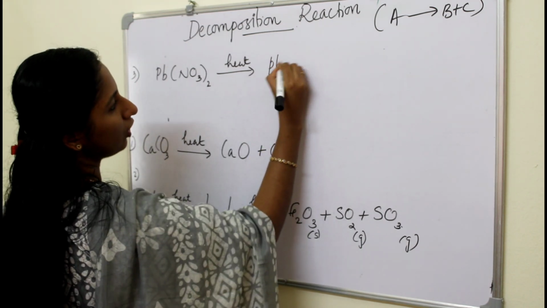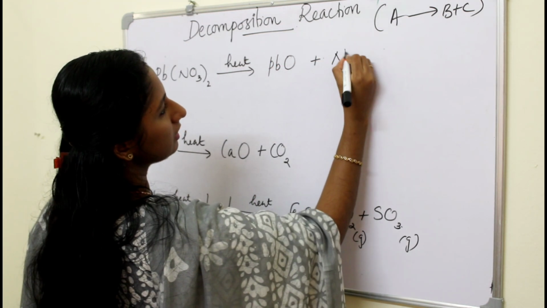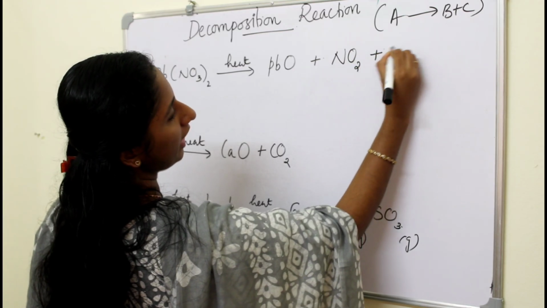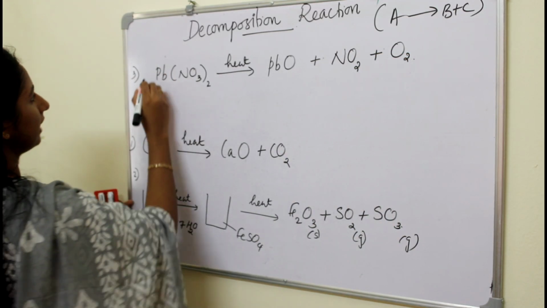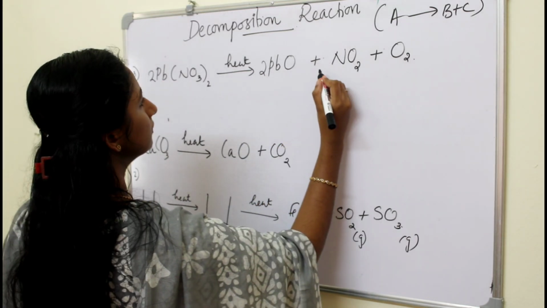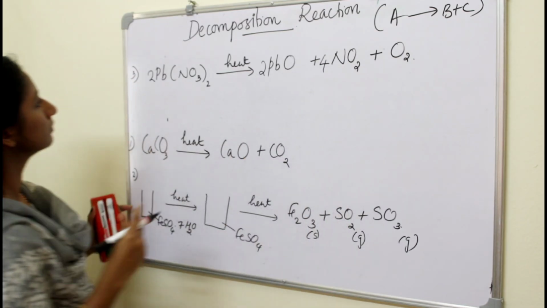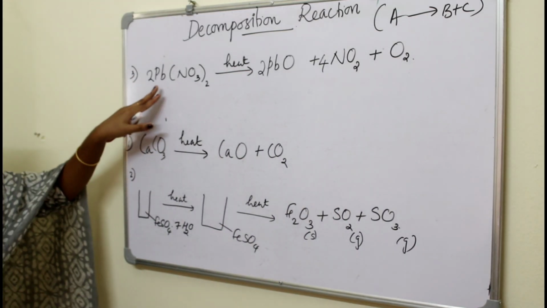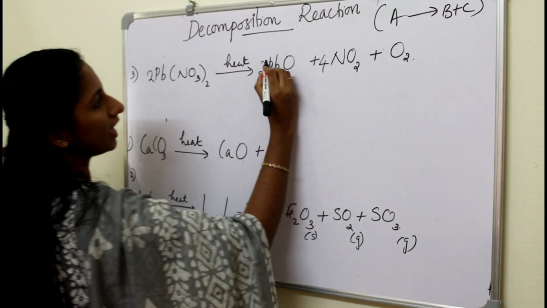Then we will get lead oxide, and nitrogen dioxide and oxygen as well. So we are taking lead nitrate in a test tube and heating it, then we will get lead oxide.